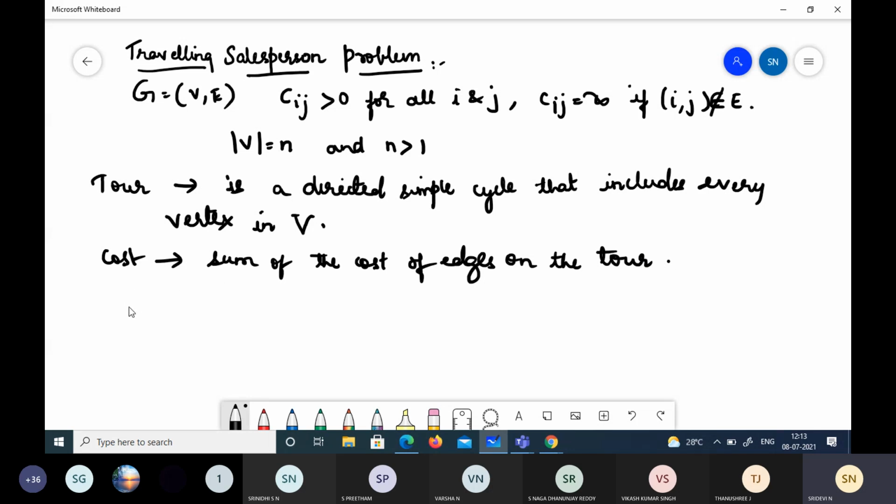So what is your traveling salesperson problem? It is nothing but finding the minimum tour. So finding this minimum tour will be the traveling salesperson problem. Okay. So what is the traveling salesperson problem? Finding the minimum tour.